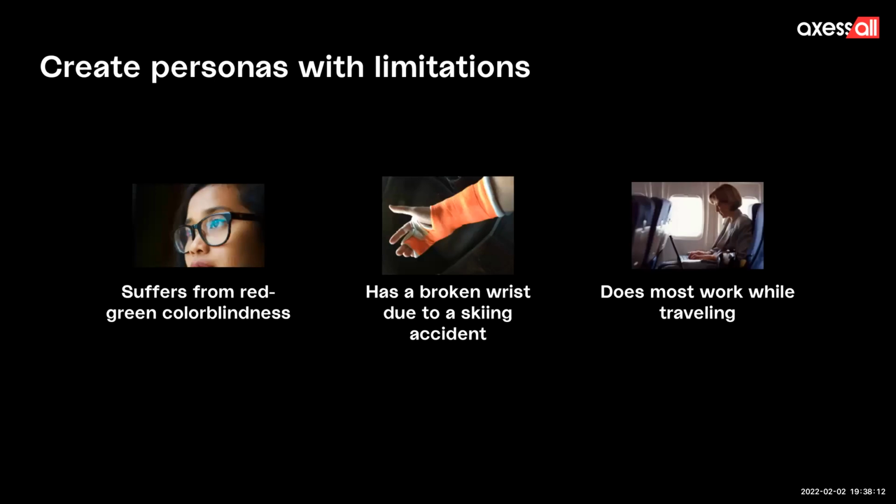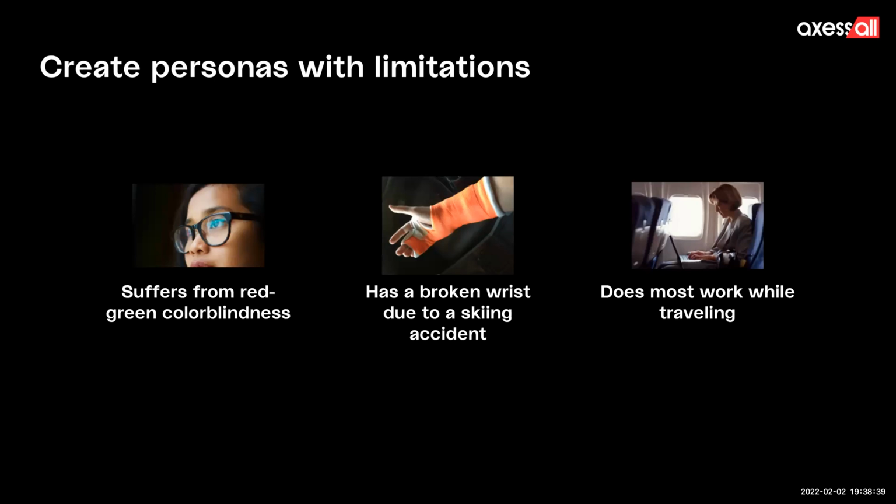So people suffer from red-green color blindness, for example. So when I design something, I need to think about these people. People that have a broken wrist due to a skiing accident, like they don't have to be permanently impaired or have no control over their arms, but accidents can happen.